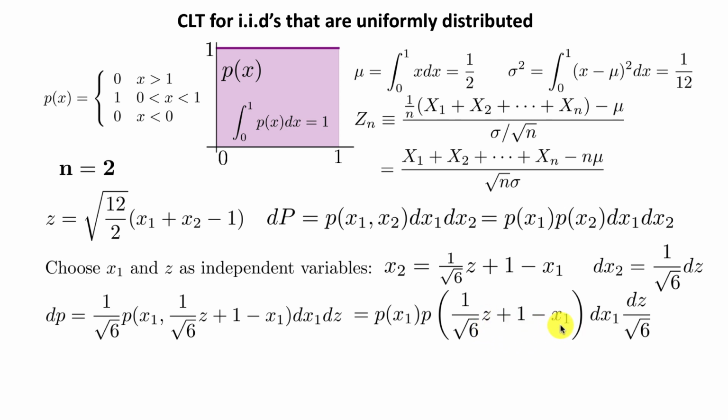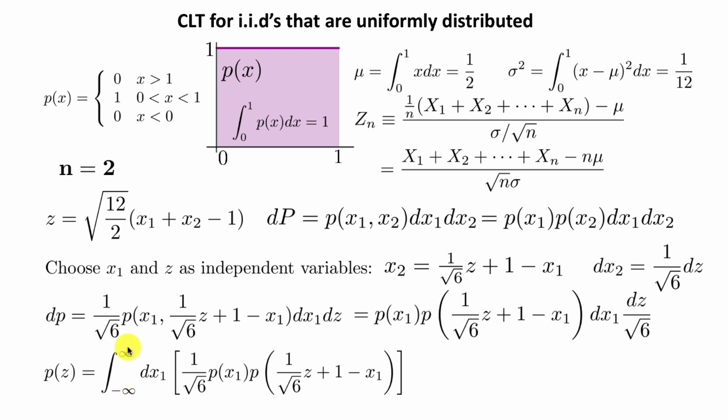Let's now integrate over all values of x1 from minus infinity to plus infinity, the whole range of x1. We have to do this integral over here if we want p just as a function of z.